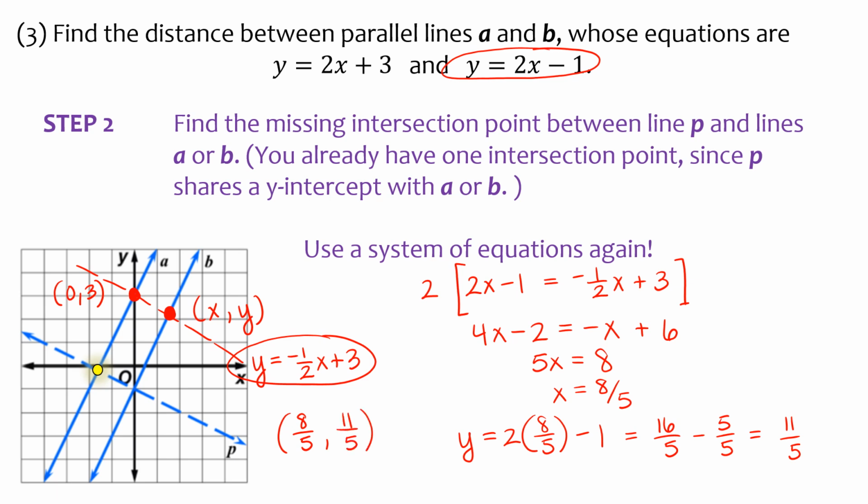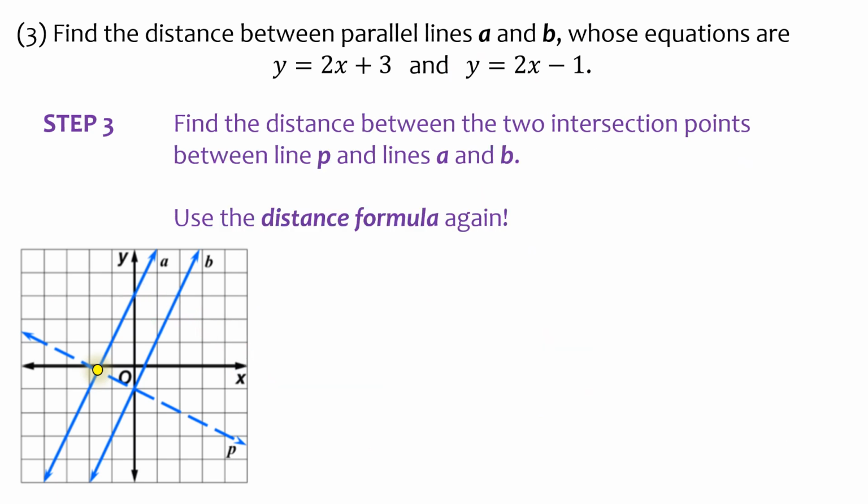Okay. So the last step is going to be to figure out the distance between those two intersection points. One of them has those fraction coordinates, and one of the points is 0, 3. So we have our work cut out for us. I'm going to rewrite those points here: 8 over 5, 11 over 5, and 0, 3.